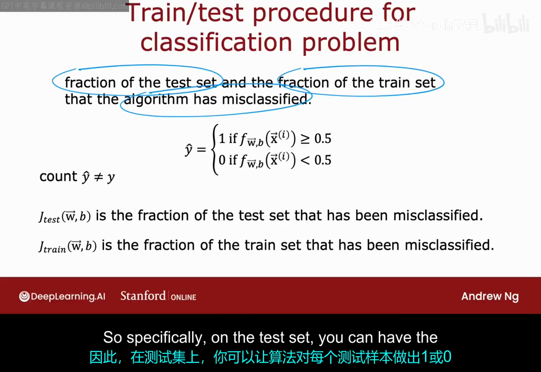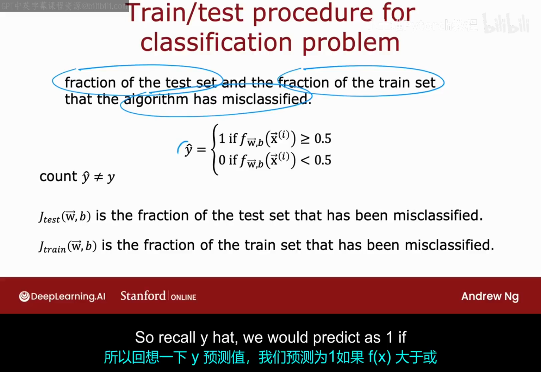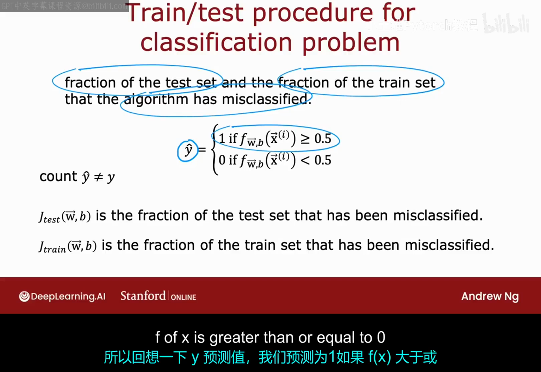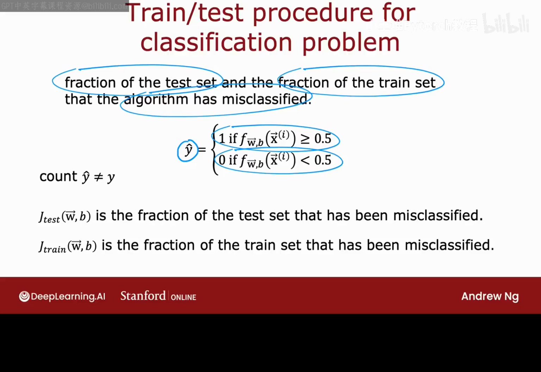So specifically, on the test set, you can have the algorithm make a prediction 1 or 0 on every test example. So recall y hat, we would predict as 1 if f of x is greater than or equal to 0.5 and 0 if it's less than 0.5.